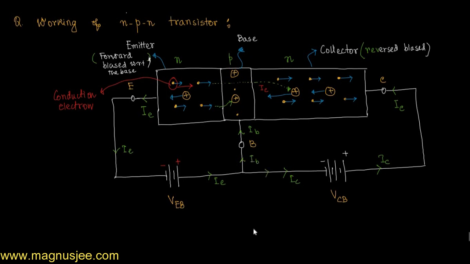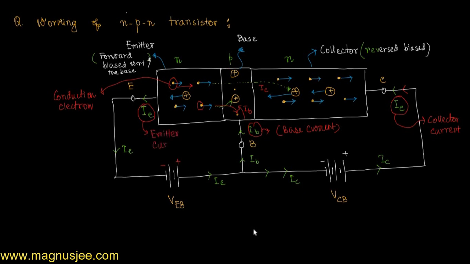Emitter current IE will flow as IB and IC into the base and collector respectively. IC is the collector current, and IB is the base current which flows into the base. When conduction electrons migrating from the N-type emitter recombine with the holes, the majority charge carriers of the P-type base, the base current IB will be produced.